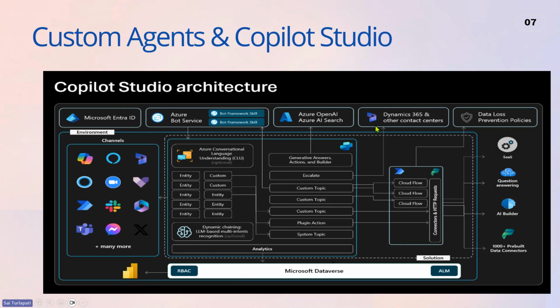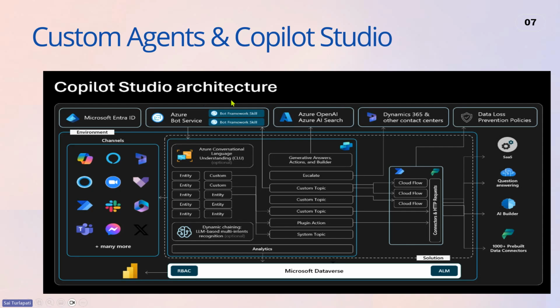On the other side, you can see a lot of other components. Azure Bot Service is used internally by Copilot Studio when we create the agent. So as a drag-and-drop user, it's not required for you to know more details about it, but when you create the agent, this bot service is automatically invoked and the processing is done. Azure OpenAI is also based on the standard LLMs.